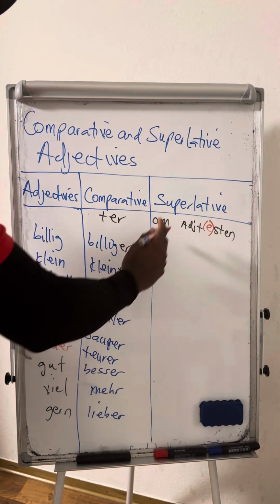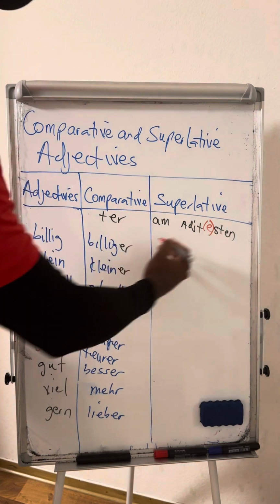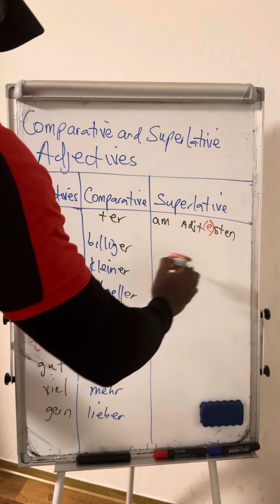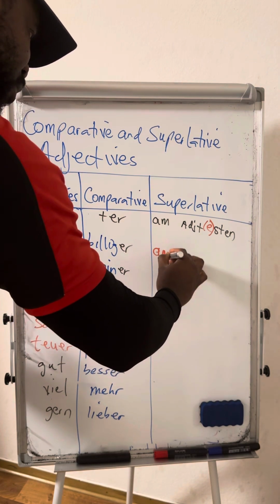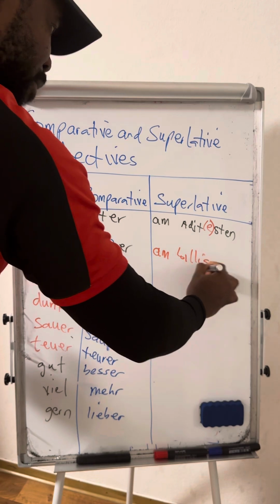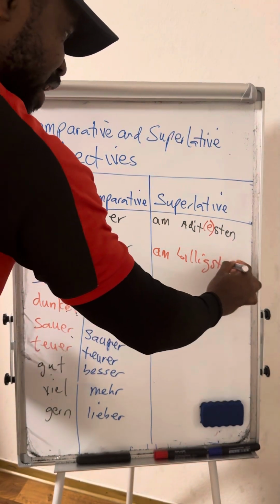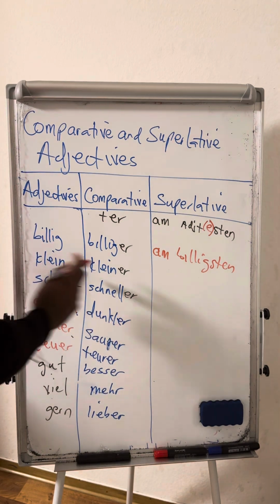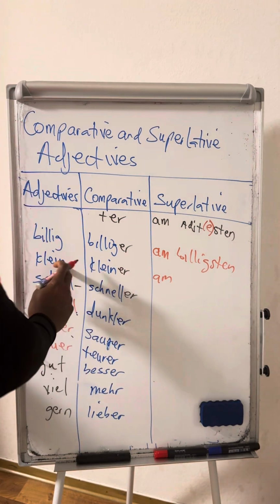So to form the superlative of billig, make use of this formula. You bring down your adjective, billig, and you add sten, giving you am billigsten. The same way with klein, small, smaller, smallest.